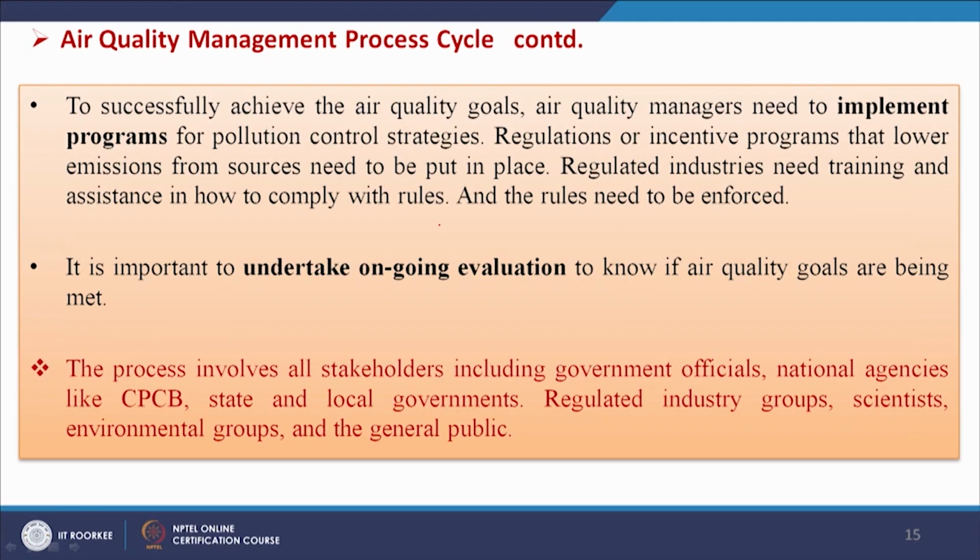And it is important to undertake ongoing evaluation to know if air quality goals are being met. The process involves all stakeholders including government officials, national agencies like CPCB, state and local governments, regulated industry groups, scientists, environmental groups and the general public.